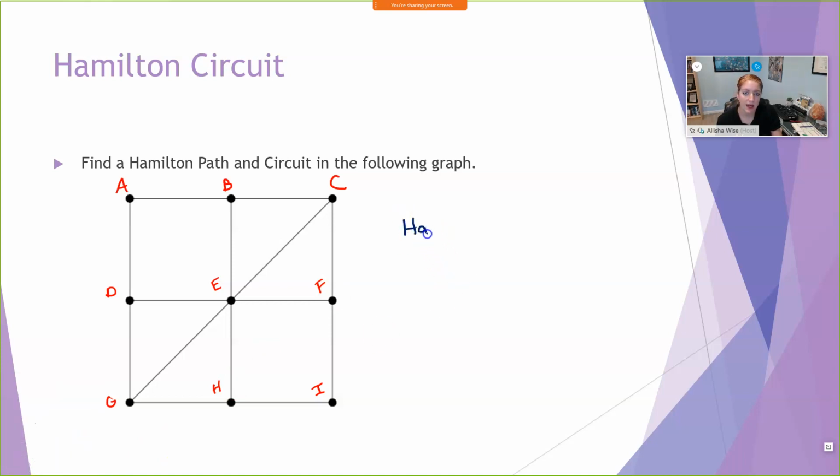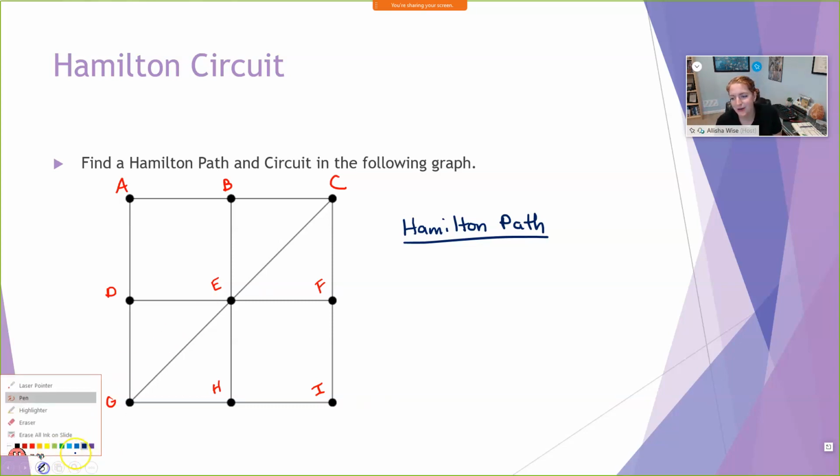I'm going to start with my Hamilton path. You can start at any vertex. There's no restriction. With Euler, you had to start with the odd vertices and end with the odd vertices. With Hamilton, we don't care. Rules are lifted.